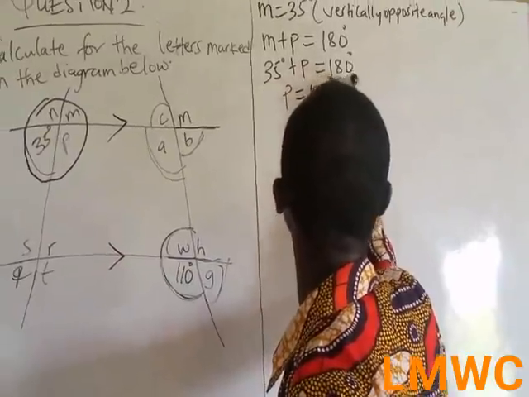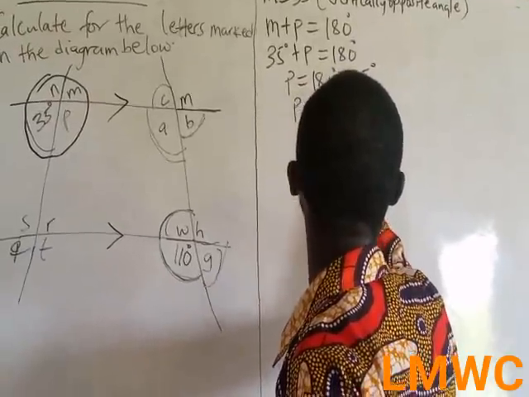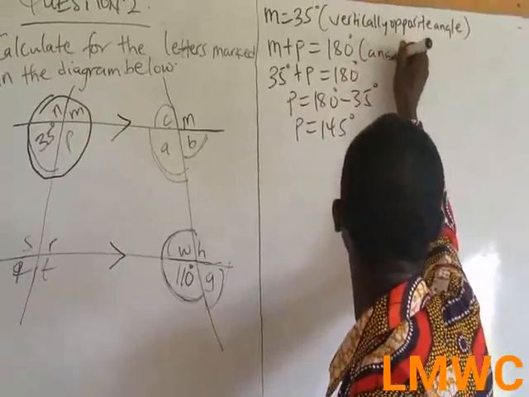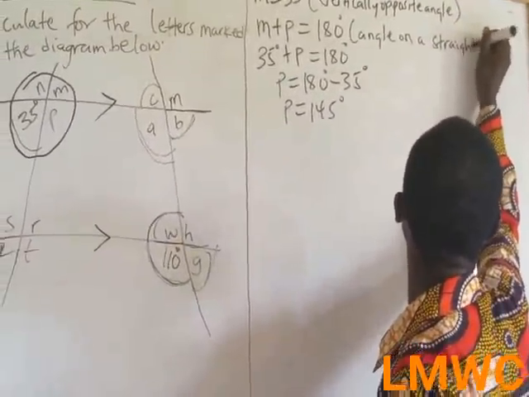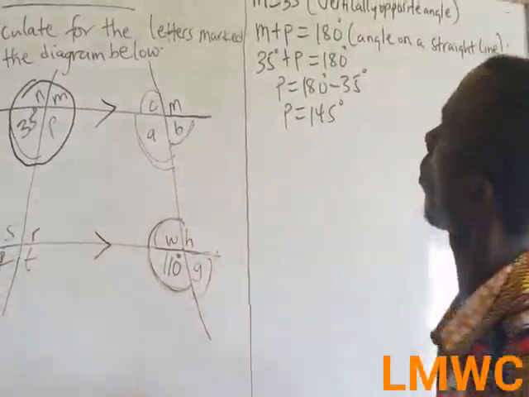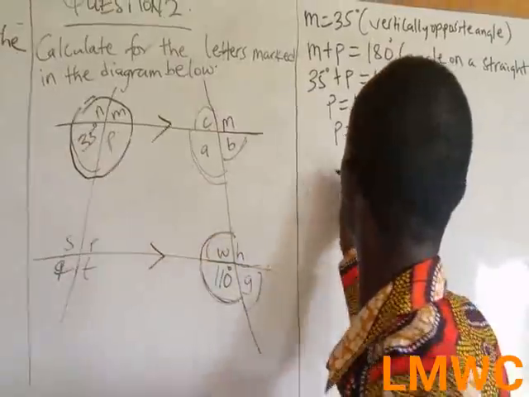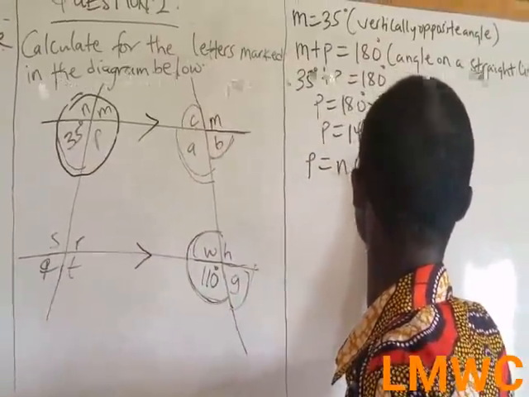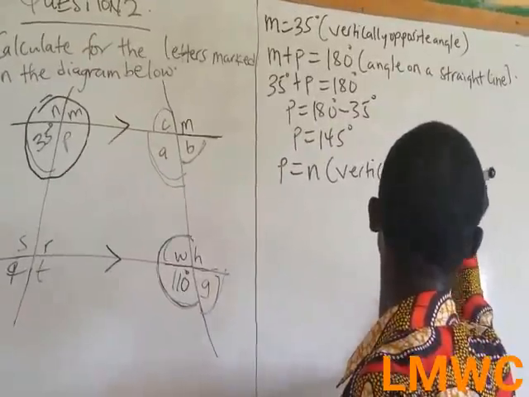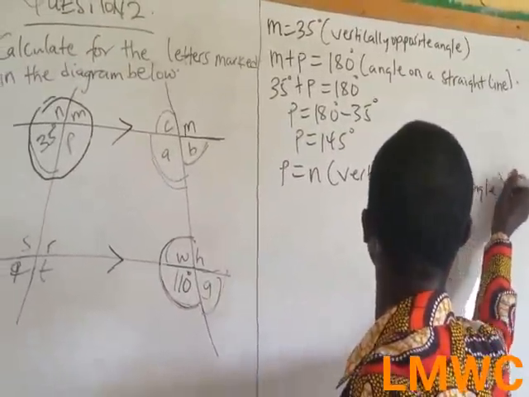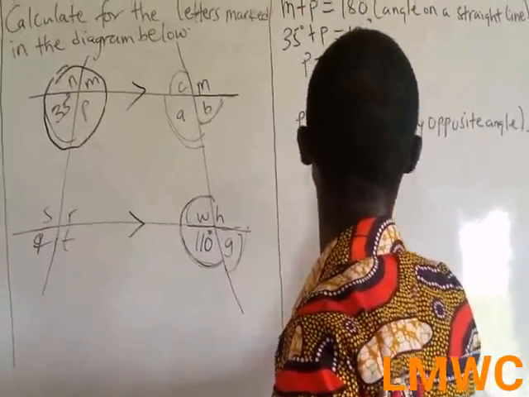P is equal to 180 minus 35. So P is equal to 145 degrees. Angle on a straight line. Now, what is N? P is equal to N, vertically opposite angle, because vertically opposite angles are equal. So N is 145 degrees.